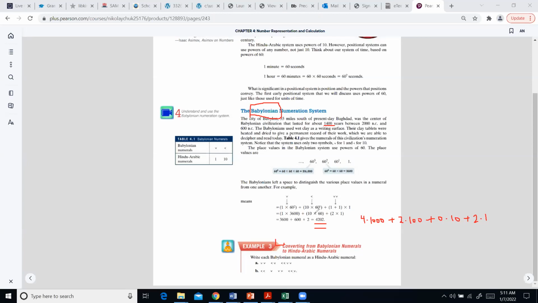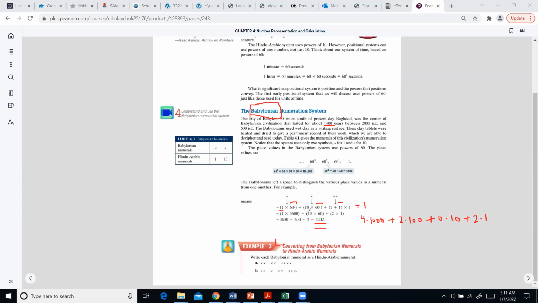So what they actually do is they use base 60 numbers. Instead of using powers of 10, they used powers of 60. Look at this. 60 squared is multiplied by 1, so they just put 1 here.